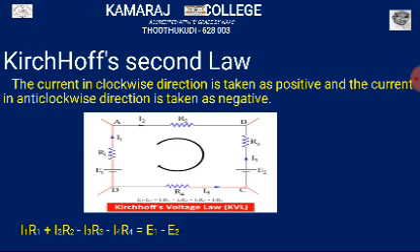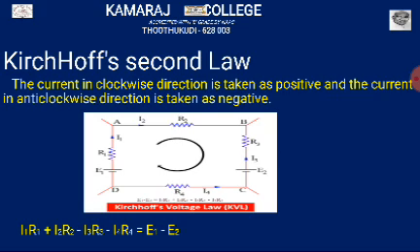Here in the DA part, I1 is positive, clockwise, and I2 is also positive. See the I3 arrow mark, which is in the opposite direction, so we have to take it as negative. Like that I4, the arrow mark is opposite, so we have to take it as negative.